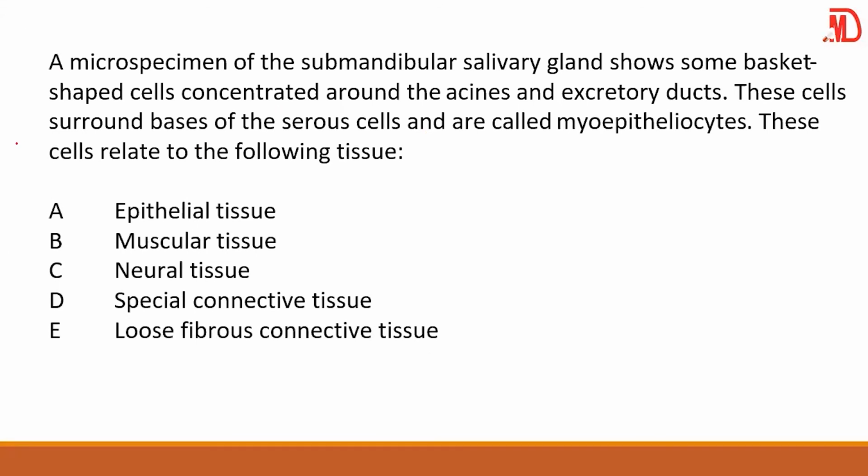Good. A microspecimen of the submandibular salivary gland shows basket-shaped cells concentrated around acini and excretory duct. These cells surround bases of the serous cells and are called myoepitheliocytes.